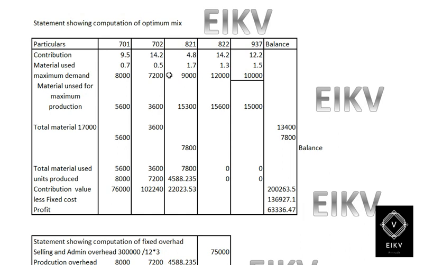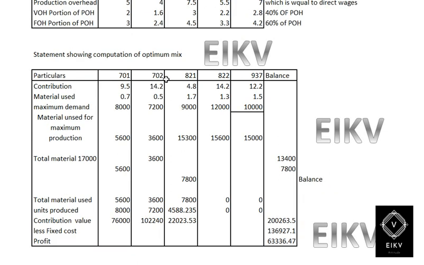So as per ranking, the first rank is for product 702, which has a maximum demand of 7,200 units, for which you need 3,600 of material. So first you need to allot 3,600 for product 702.